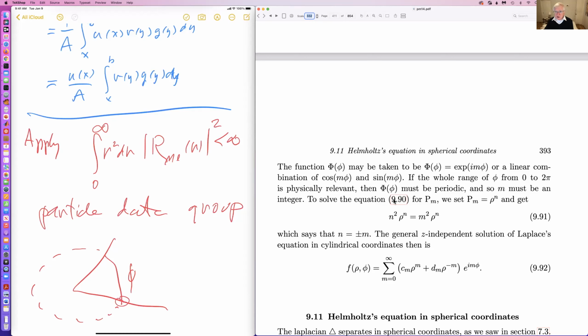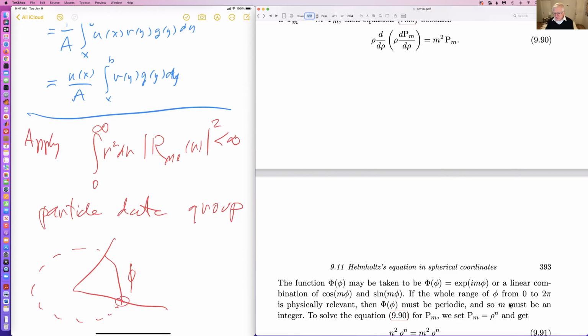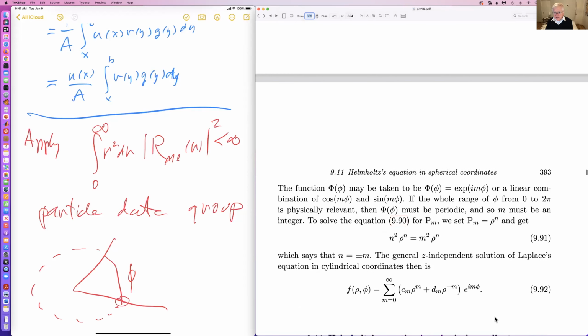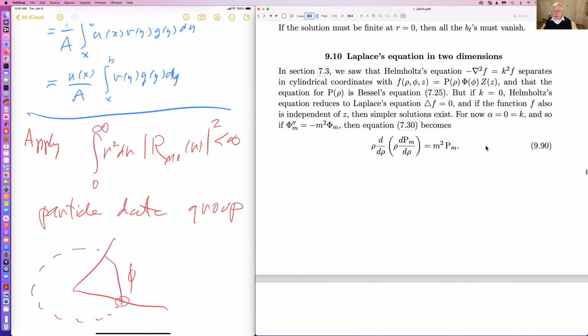And to solve this equation, let me see if I can pull this down. Right. For rho, we set it equal to rho to the n, and we get this expression and consequently that. I think this was bad notation here. I shouldn't use P to the m, because we just decided that this was the Legendre polynomial, and so this is completely misleading.